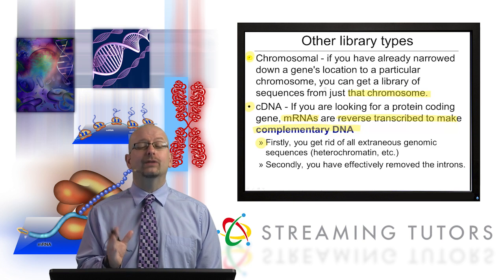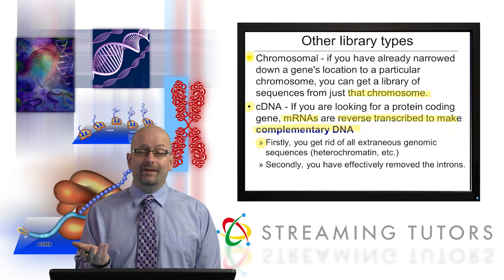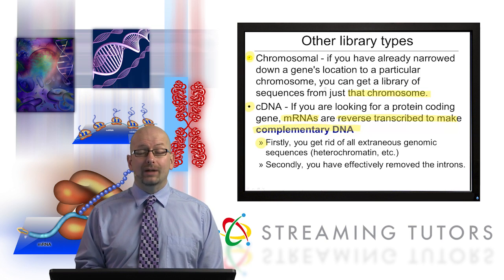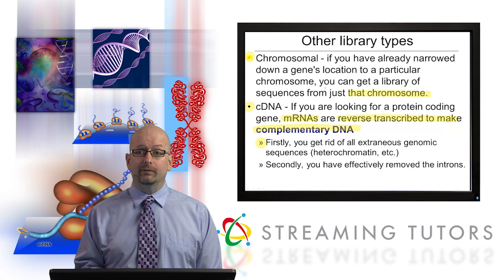I don't like that, but let's just say that the majority of sequences in the human genome don't in fact encode genes that make proteins. They do other things, or maybe they don't, but there's a lot of material that is not relevant if you know that that's what you're looking for.